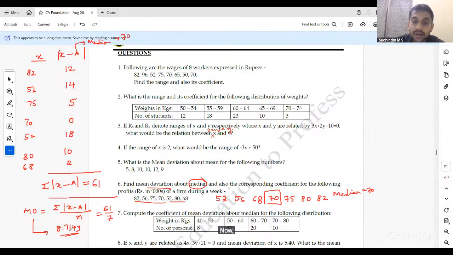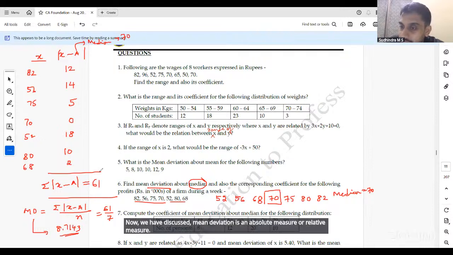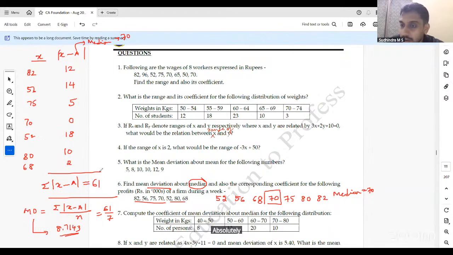Now, we have discussed whether mean deviation is an absolute measure or a relative measure. Absolute measure. Absolute measure means it is expressed in terms of units of measurement. Here, what is the unit of measurement? Rupees.